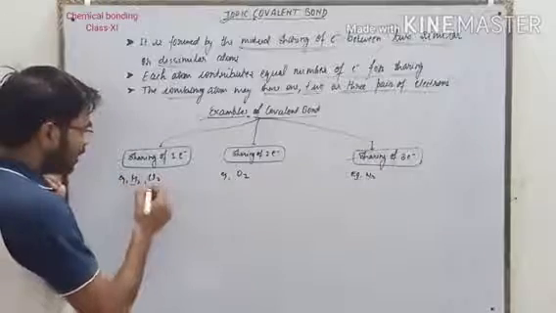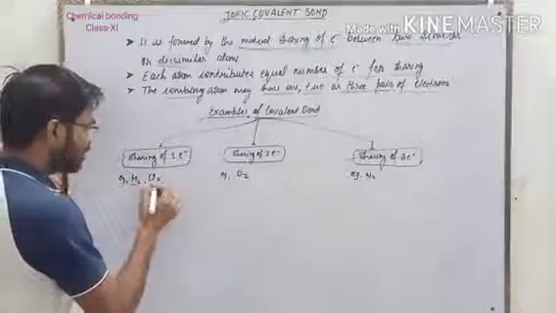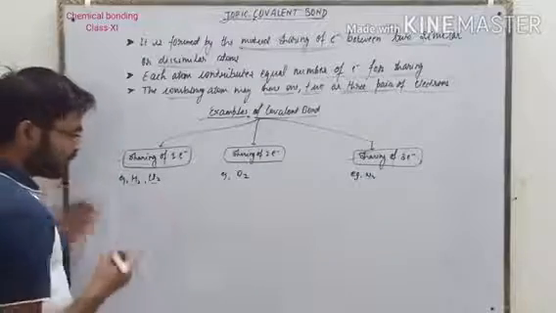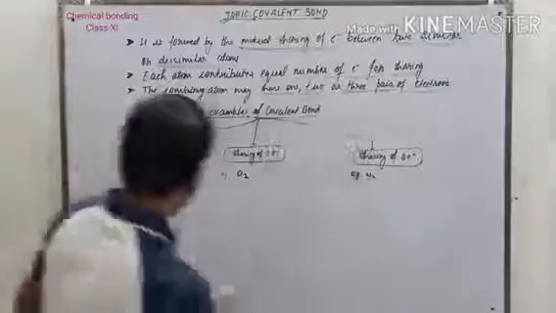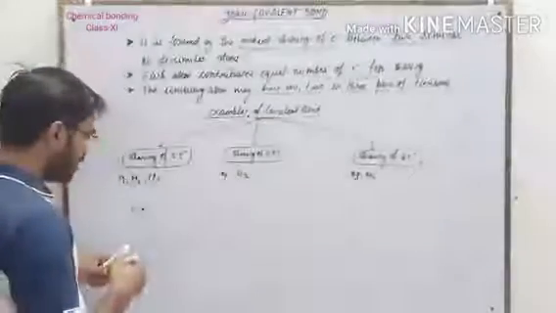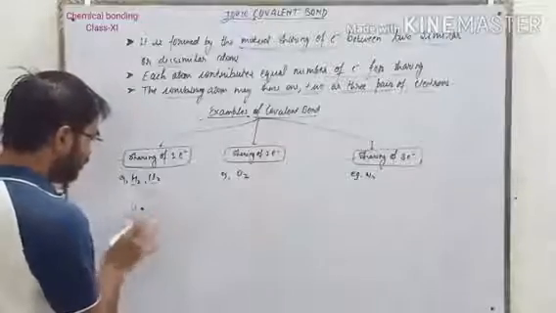And here the examples are hydrogen and chlorine. Hydrogen has 1 valence electron in its valence shell, and it is one hydrogen atom.